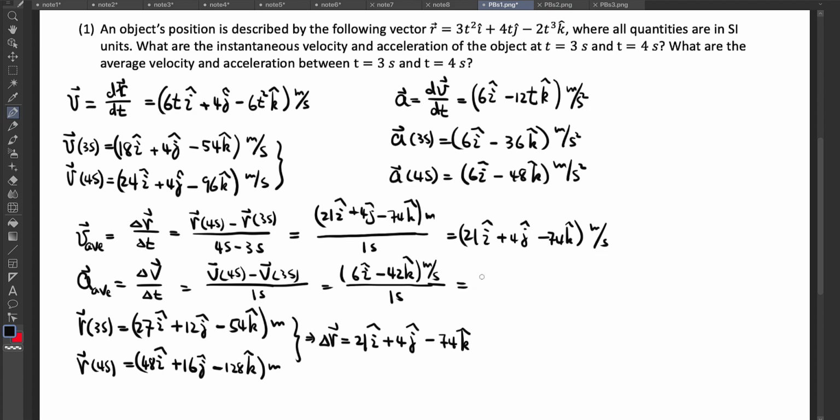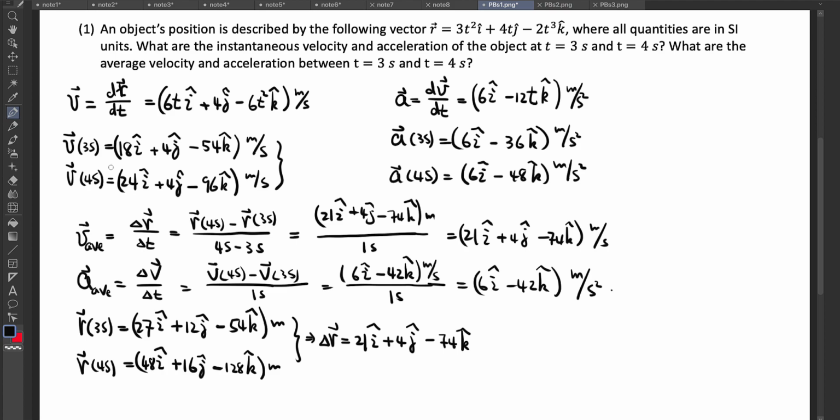So it gives us 6 i hat minus 42 k hat meters per square second. Okay, so these two quantities are the average velocity and acceleration over this time interval.